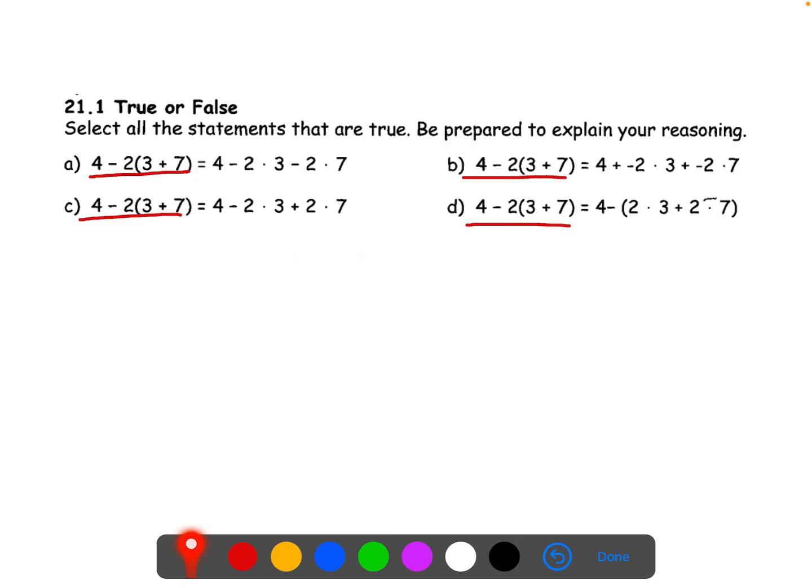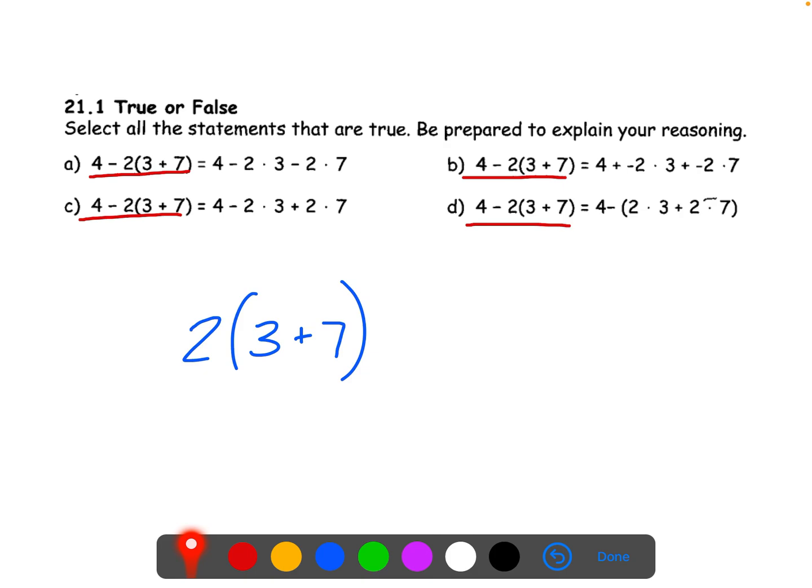Okay, now with distributive property, remember when we have two outside parentheses here, like this, we're saying that there are two threes and there are two sevens. So we can't forget that when we're looking at what it's equivalent to. That means 2 times 3 and 2 times 7.